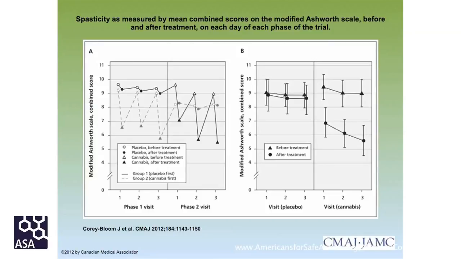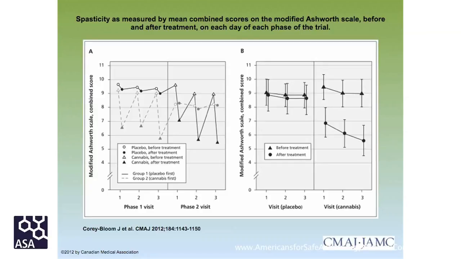Another study, again, I'm just showing you the evidence, treated spasticity in a double-blind controlled fashion. The patients who used cannabis first started up here, and this is where they dropped to after their treatment, their spasticity scores.